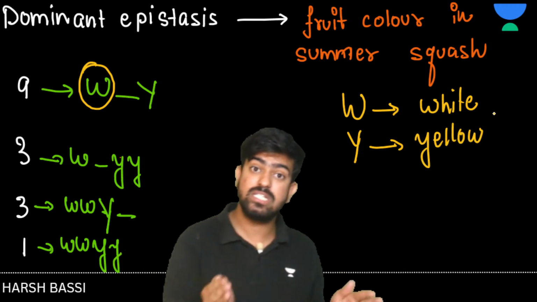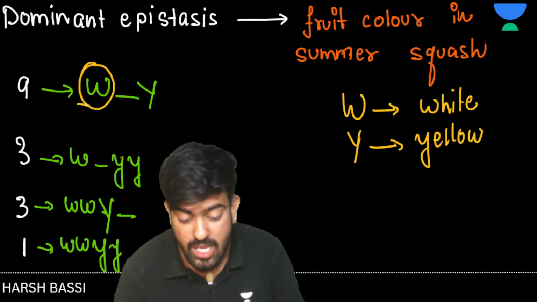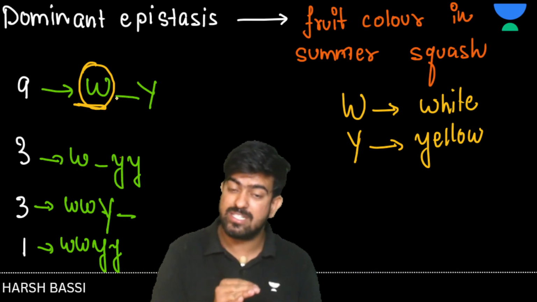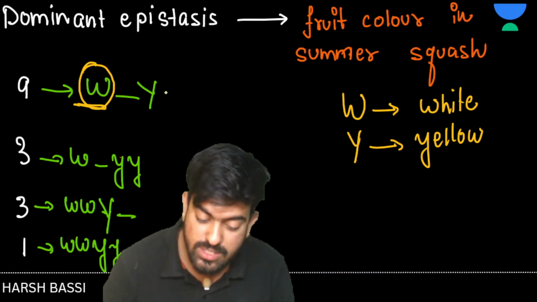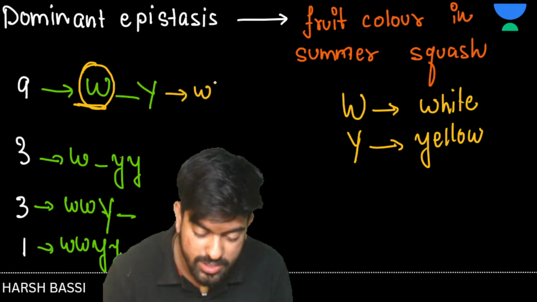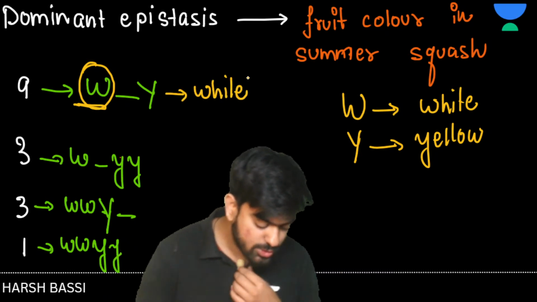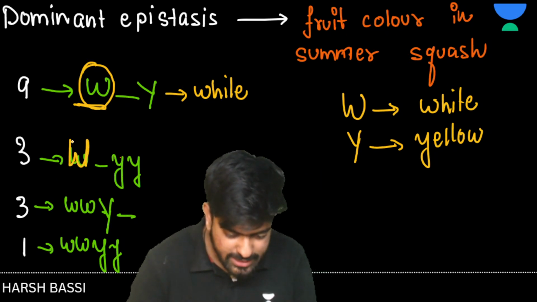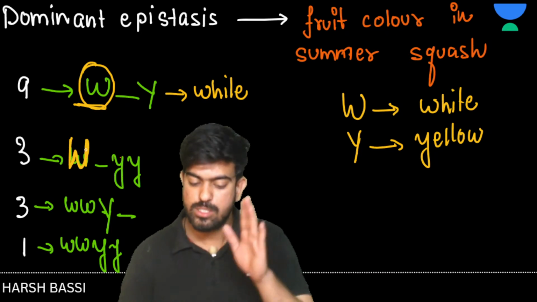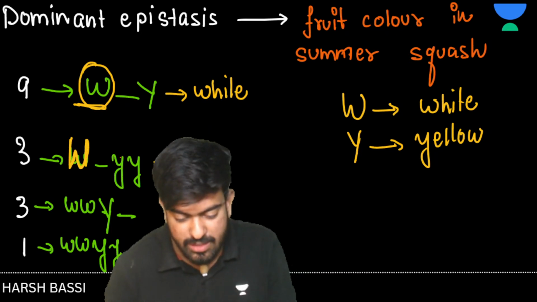But since this is the case of dominant epistasis, capital W is already present here, so capital Y is not going to produce its phenotype. The color will be white only. Here also one dominant is present, yes or no? Capital W is present, so here also the color will be white.